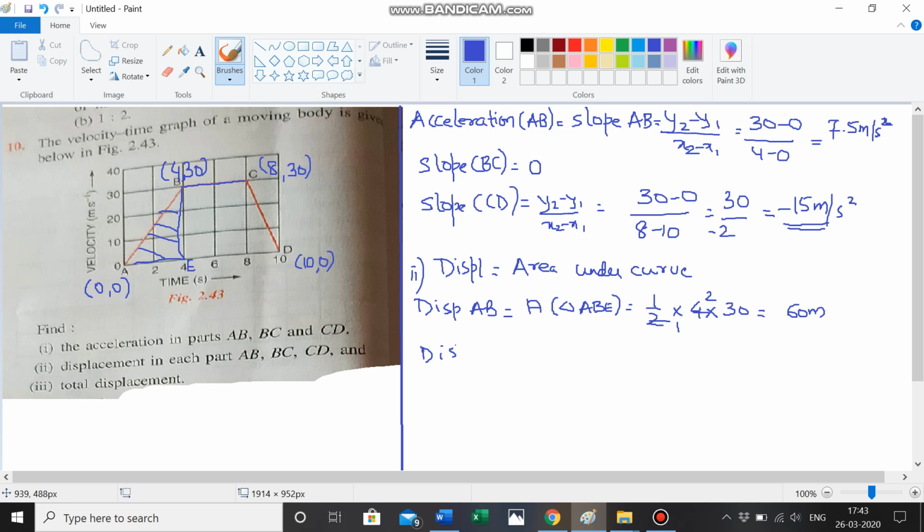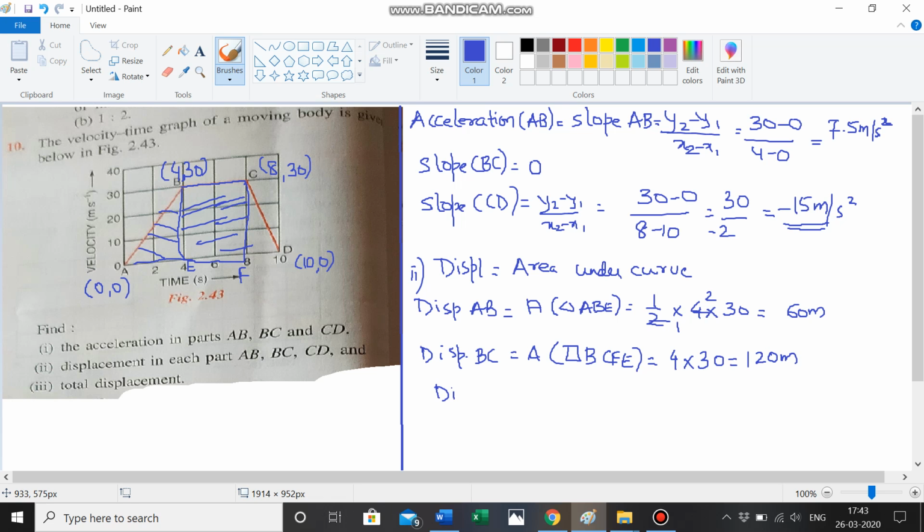And displacement in BC, which is my second part, will be equal to the area of BC, which is the area that we're looking at. This is a rectangle, so the area of rectangle BCFE is equal to base into height. 8 minus 4 is 4, into 30, which is 120 meter.